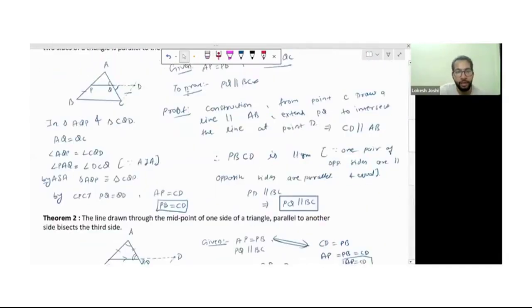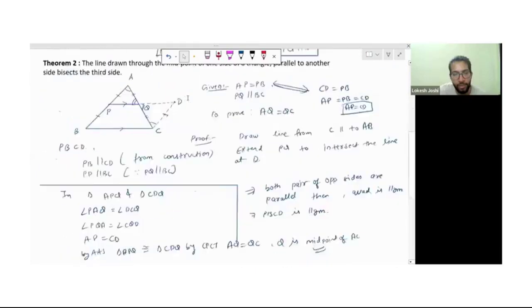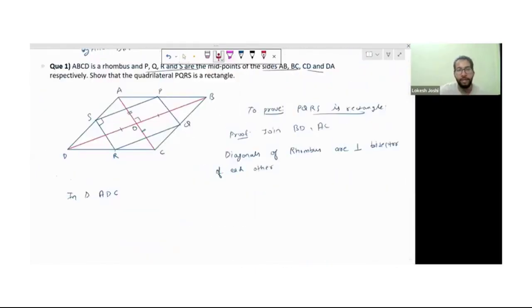Now using theorem 1, can I say the line segment joining the midpoints of two sides of a triangle is parallel to the third side? So in triangle ADC, using theorem 1, I can directly say SR is parallel to AC.